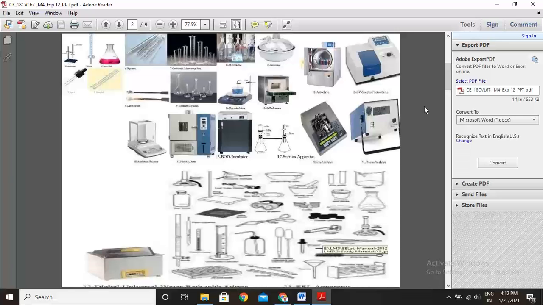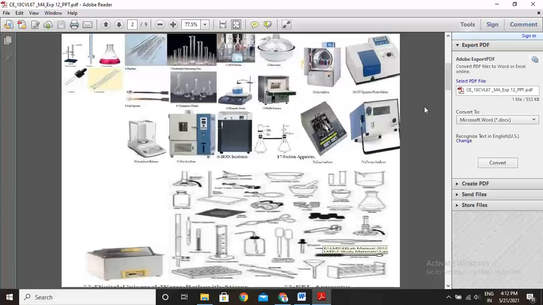These are the apparatus as well as equipment used for the experiment execution. Some apparatus and some equipment are used to conduct these experiments.